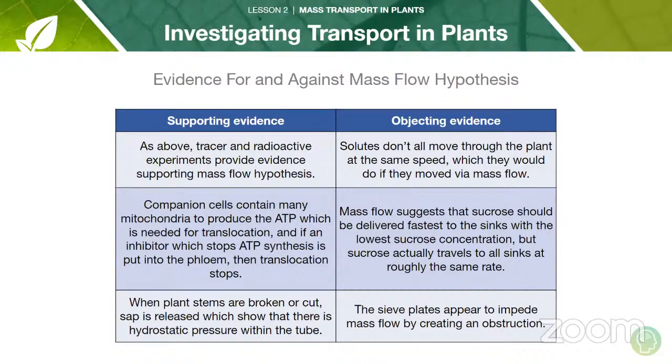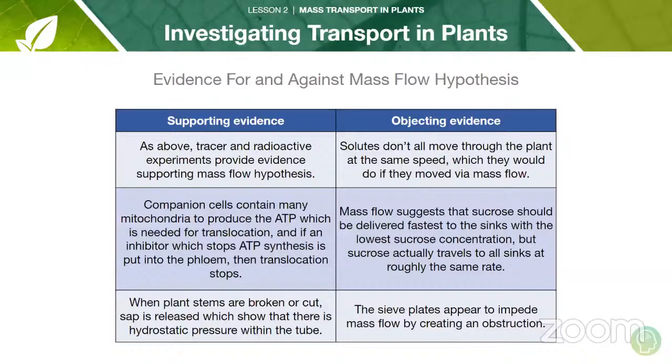Evidence to object to this hypothesis is that solutes don't all move through the plant at the same speed, which they would if they moved via mass flow. Mass flow also suggests that sucrose should be delivered fastest to sinks with lower sucrose concentration. But because it travels to all sinks at roughly the same rate, that implies that it's not being selective by just the gradient.